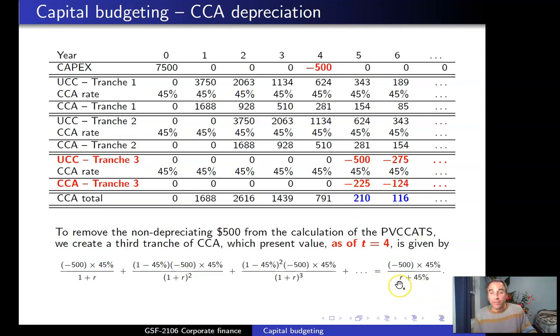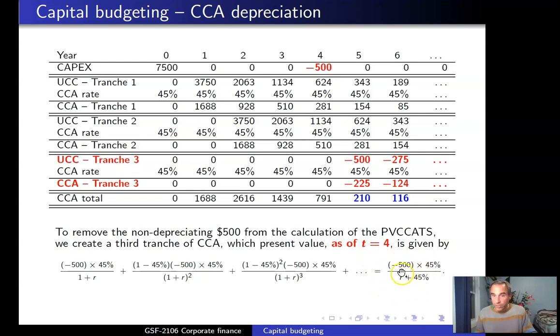So divided by R minus the growth rate. So the growth rate is minus 45%. So minus is plus. So that gives us the present value of the depreciation we will never be able to use because the assets are sold for $500 as of time 4.